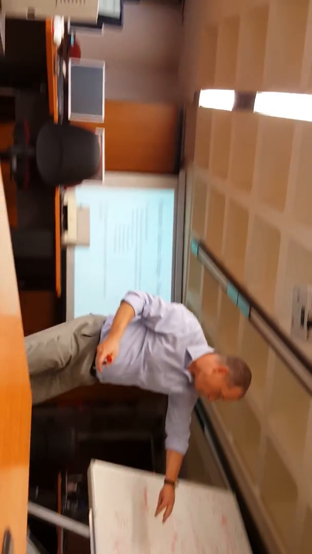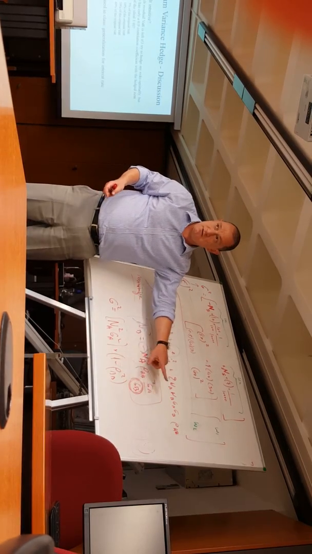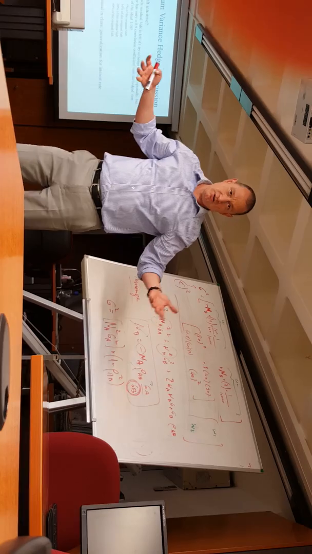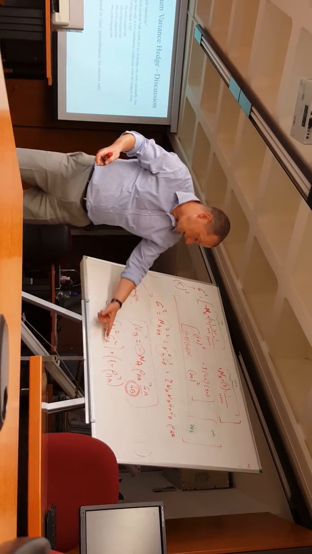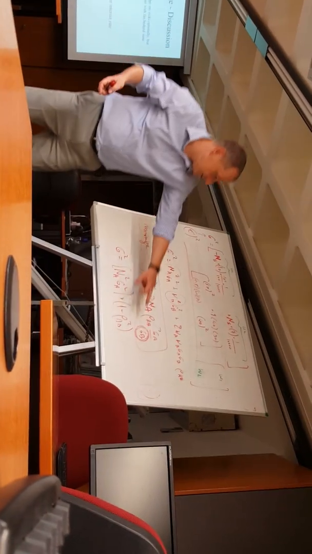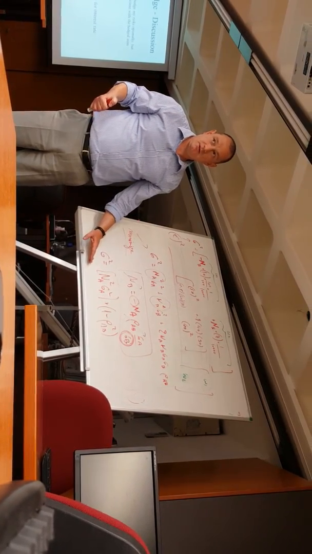If this is one, I can still have a perfect hedge, even if the volatilities are different. I can just hedge more. That's why sigma B is not a part of this thing here.